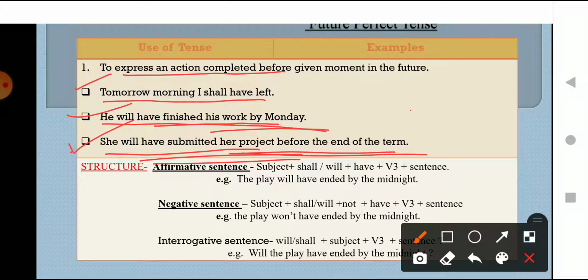So these are some examples and the usage of the future perfect tense, where we can use it to express an action completed before a given moment in the future. To express these types of actions, we use the future perfect tense.